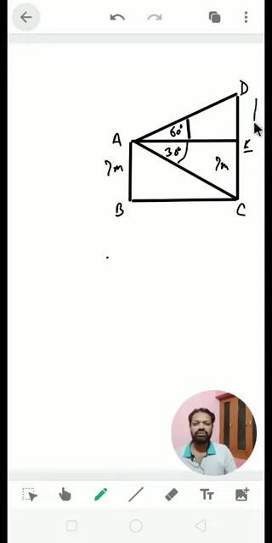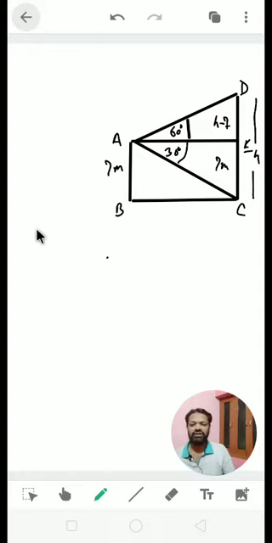If we suppose the height of the tower as h, then this distance DE will be h minus 7. To find the height of the tower, that is CD, first of all we will find BC and then we will get the value of AE.